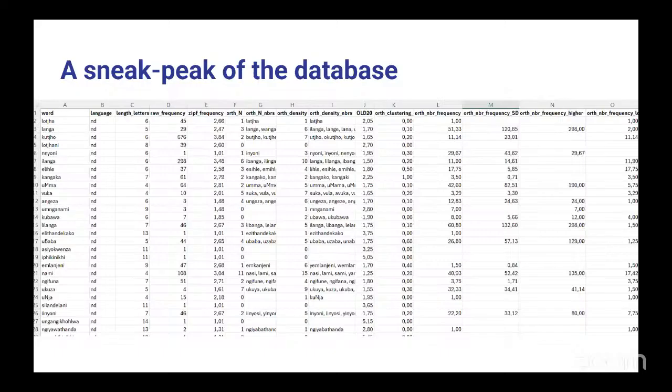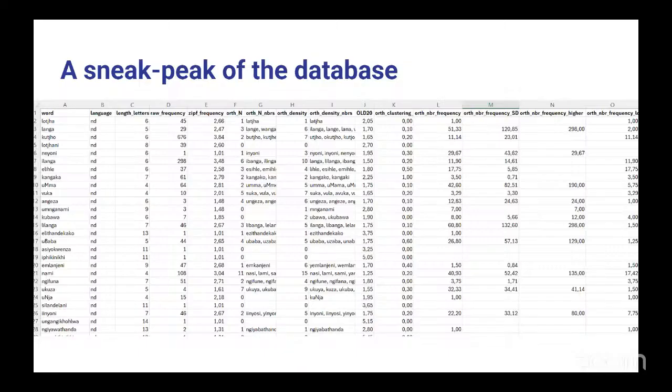So we have language, Ndebele, and we can see the length in letters and the raw frequency, which is just how many times it occurs across the corpus. Zipf is a standardized measure of frequency. I can't quite remember if you touched on this, but it takes into account corpus size, because this corpus is on the smaller side.